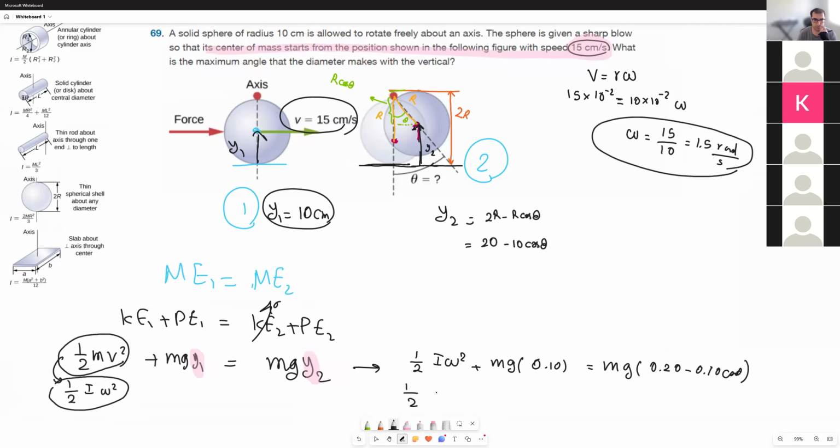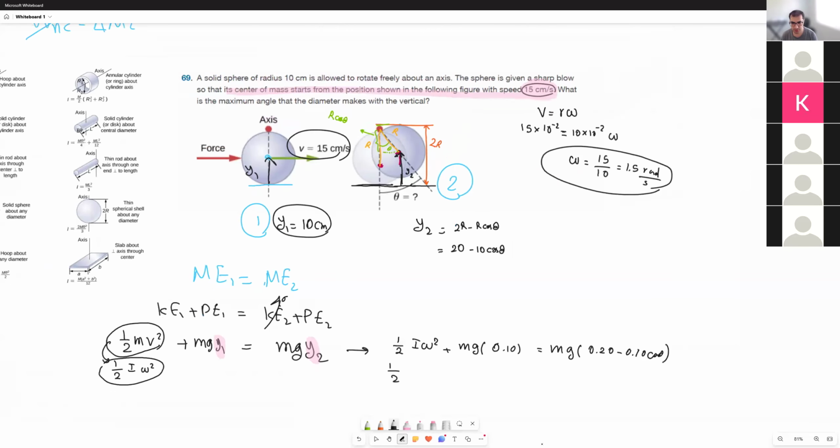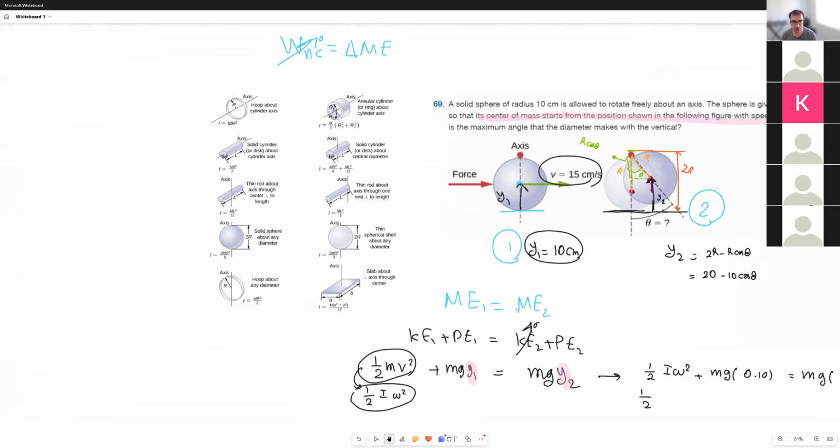What's I, guys? What is I? Moment of inertia of the sphere. Which equation in the table is the most appropriate?